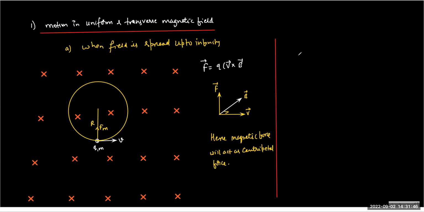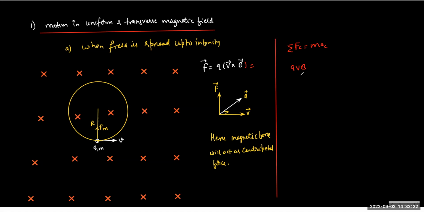Because it's a circular motion of finite radius, we can find the radius by using the formula. So net force towards the center equals mass into centripetal acceleration. And the only force acting toward the center is the magnetic force, which is Q into V cross B. And here, because everything is mutually perpendicular, it will simply become QVB, correct? And that is the benefit of transverse field.